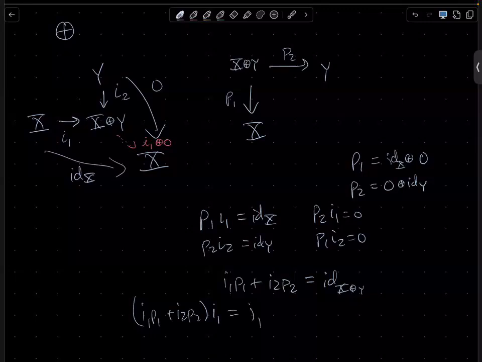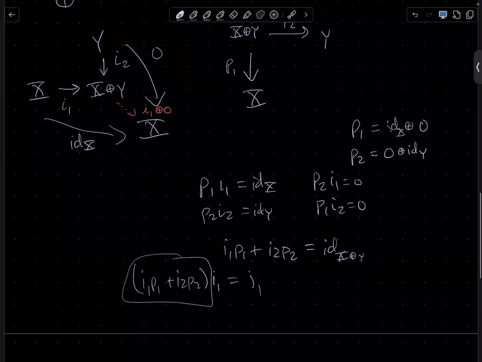But you should appeal to the uniqueness of the inclusion maps coming from the coproduct. You should wave your wands, say the magic word, and then it turns out that this thing has to be the identity. I don't want to get super categorical, but this is just fun.